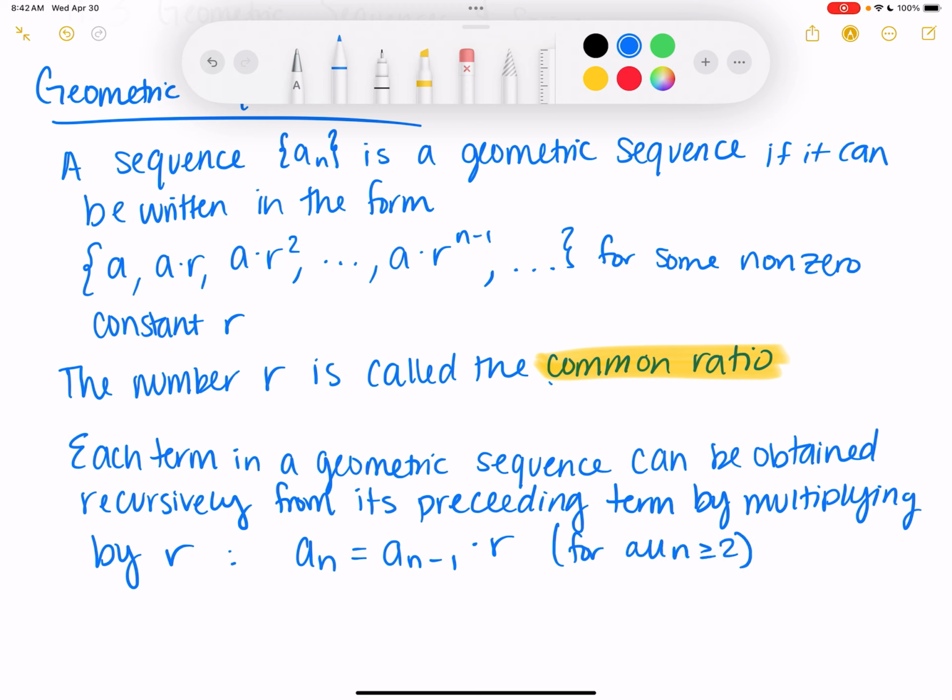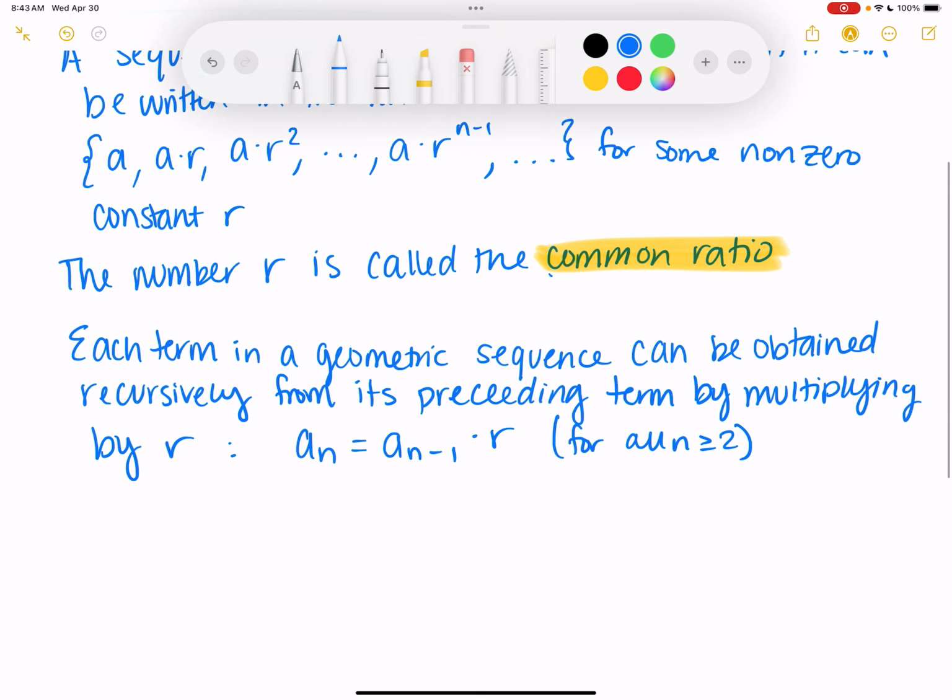Now, again, I will say this is what the situation is when we have the previous term, right? But if I don't have the previous term, I can't use this. So the other method that we would use is a sub n is equal to a sub k times r to the n minus k.